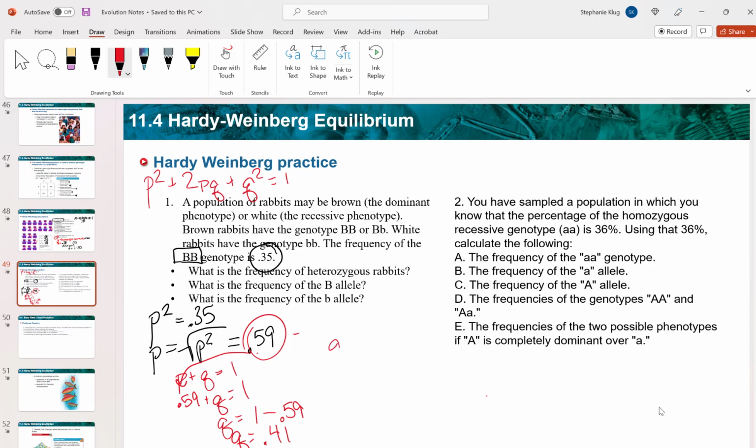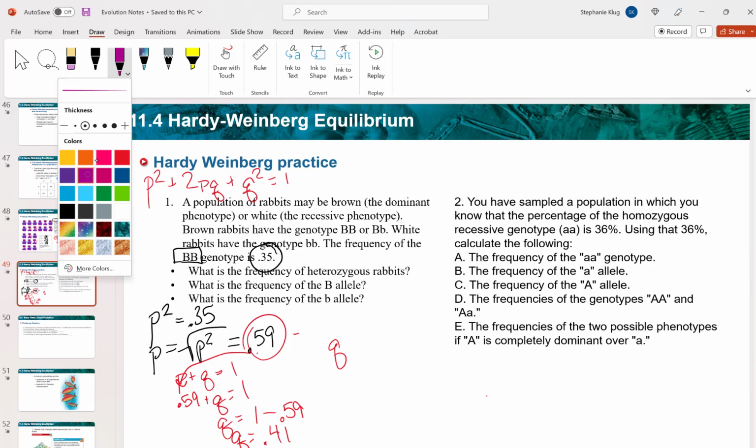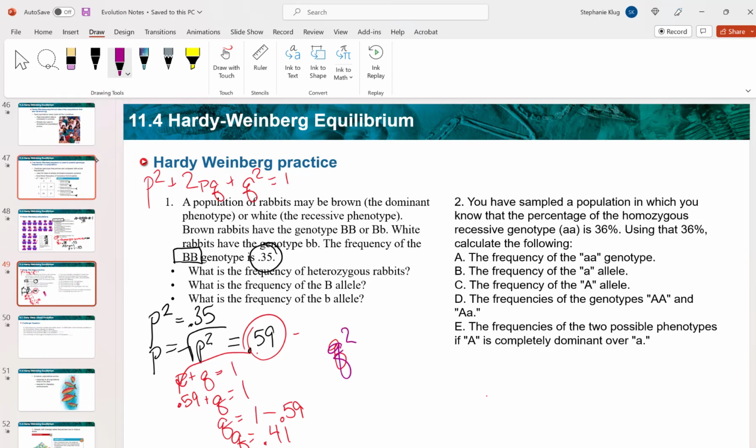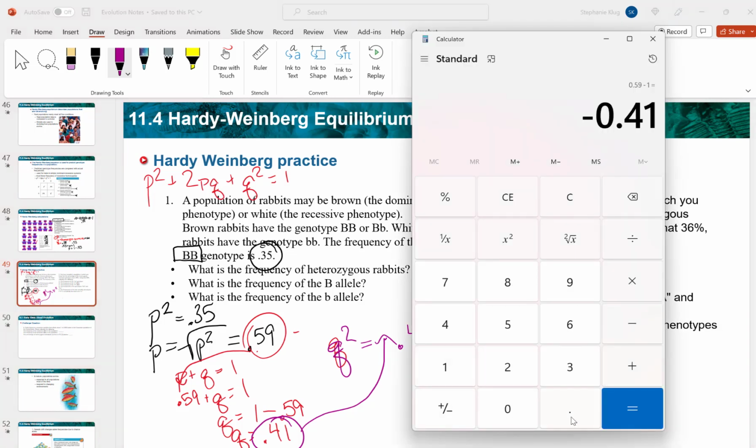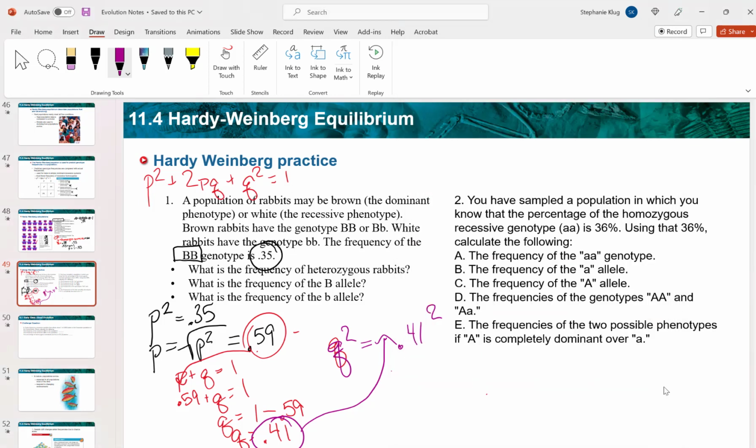Now we have P squared, we have P, we have Q, and we just need Q squared. So Q squared is 0.41 squared. Let's get our calculator back out. 0.41 squared is 0.17. That's Q squared. And then now we need 2PQ.